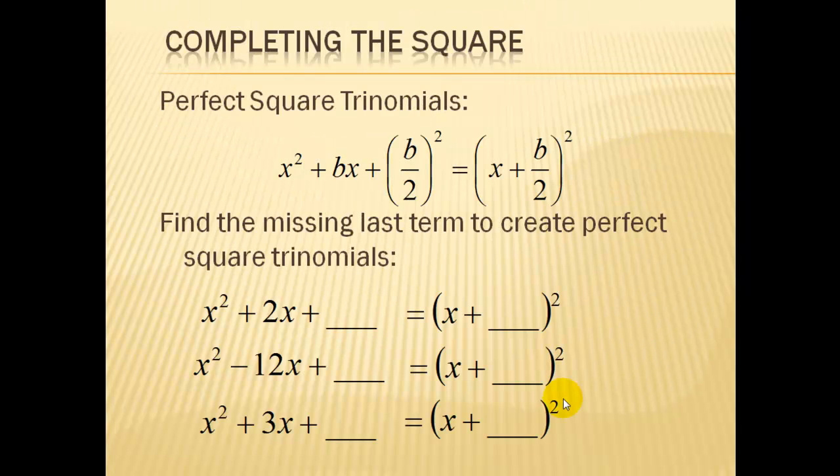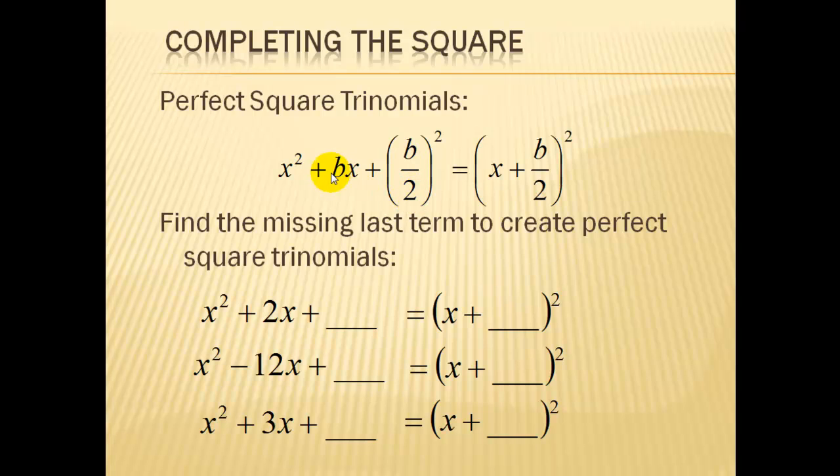Just a quick refresher on the completing the square topic. We are trying to take two terms of a trinomial, so the terms that have the x's, and we're trying to add a constant term that turns it into something called a perfect square trinomial. Perfect square trinomials factor into x plus or minus some number squared, and that's the template or the form that we're looking for in our standard form of the conics, because we want x minus h squared.